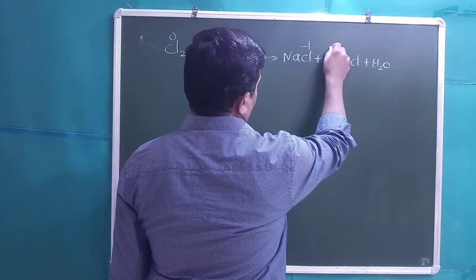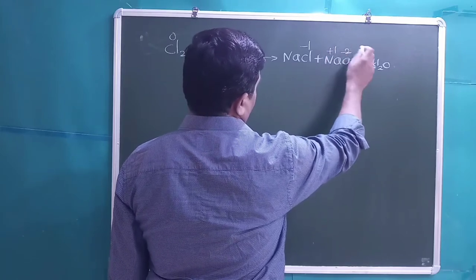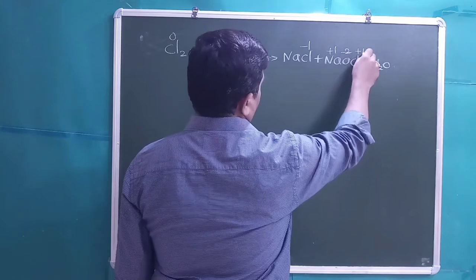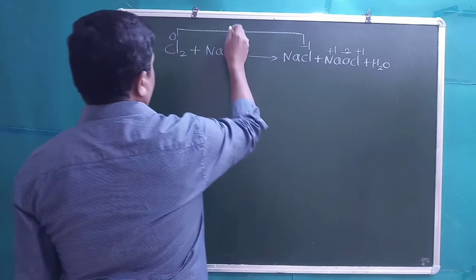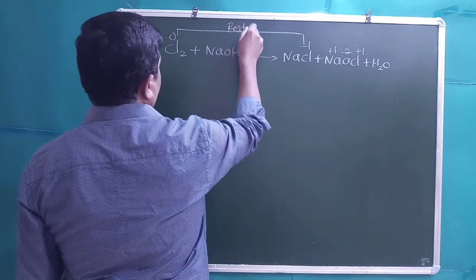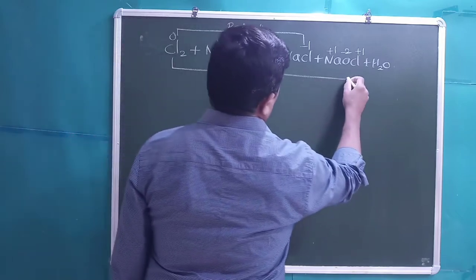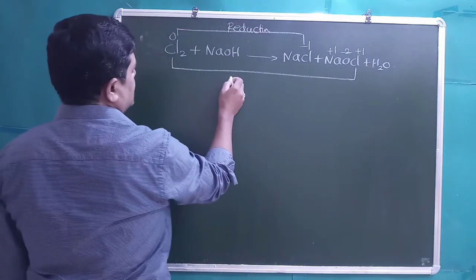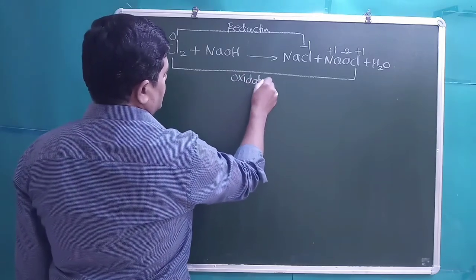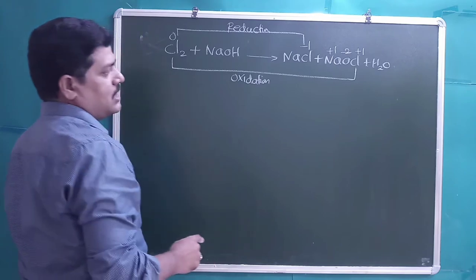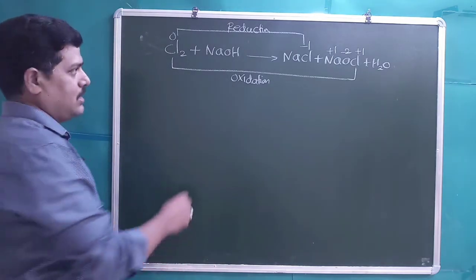In NaOCl, Na is +1, oxygen is -2 and chlorine is +1. 0 to -1, a decrease in oxidation number, is reduction. 0 to +1, an increase in oxidation number, is oxidation. The same element is undergoing both oxidation and reduction. We can call it a disproportionation redox reaction.